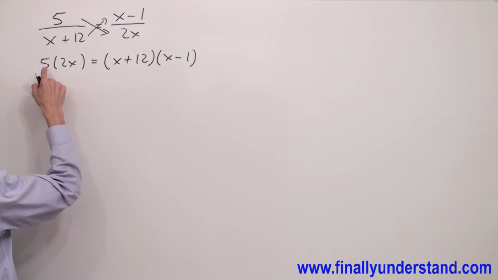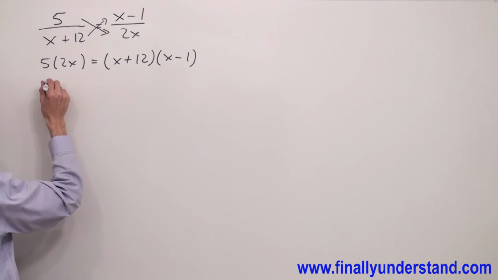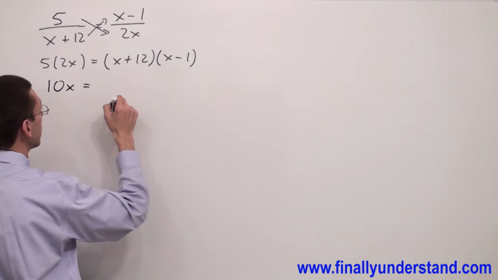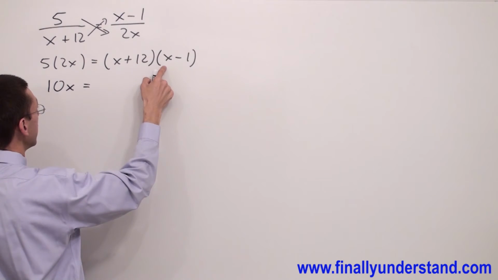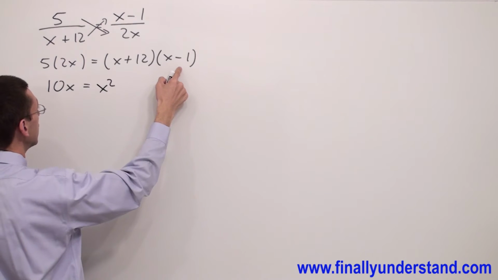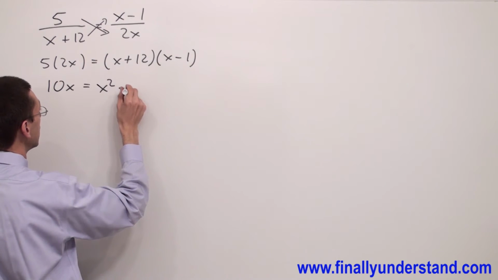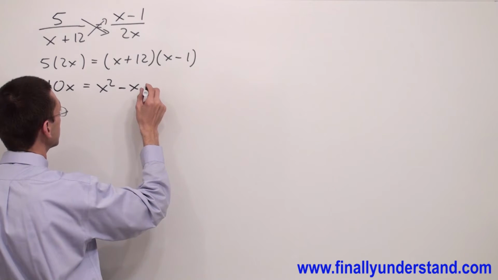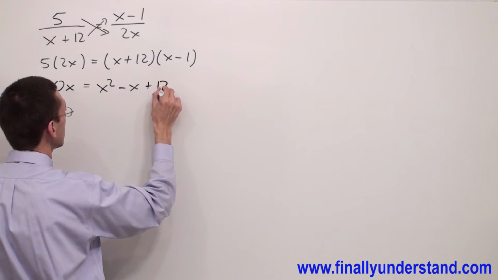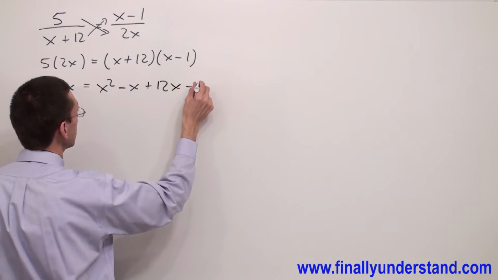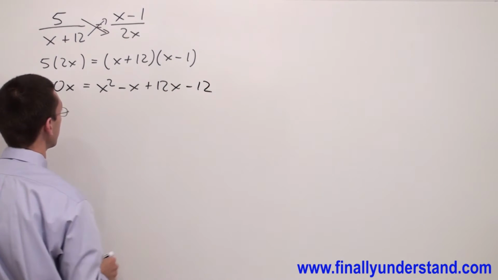I have 5 times 2 is 10x equals, and I have x times x is equal to x squared. x times negative 1 is equal to negative x. 12 times x is equal to 12x. And I have 12 times negative 1 is equal to negative 12.